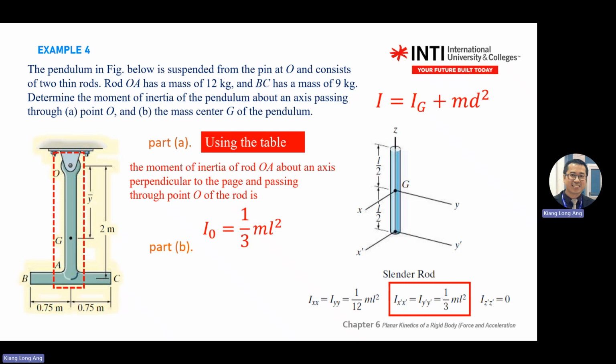You straight away find the O already. The D is 0. Your O point is here, so there's no D there. Understand? Try to be clear on this one. If not, then you cannot follow the rest.